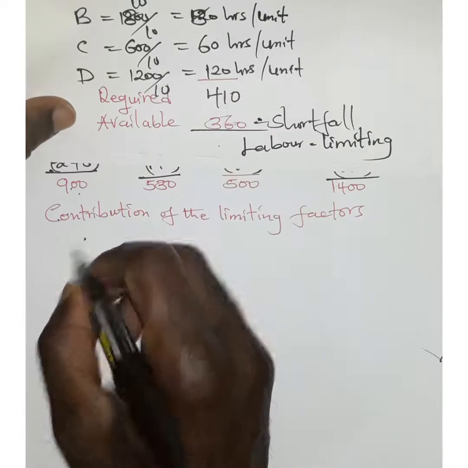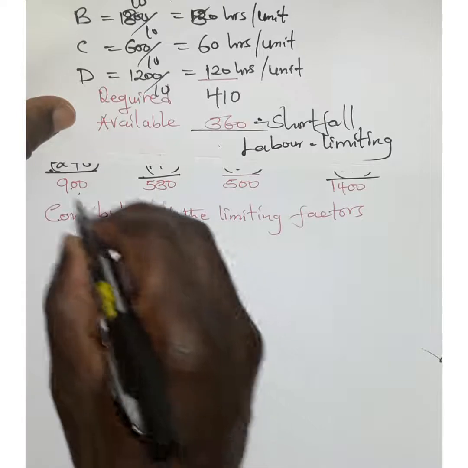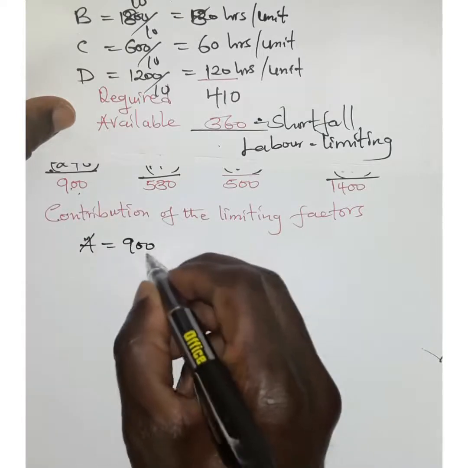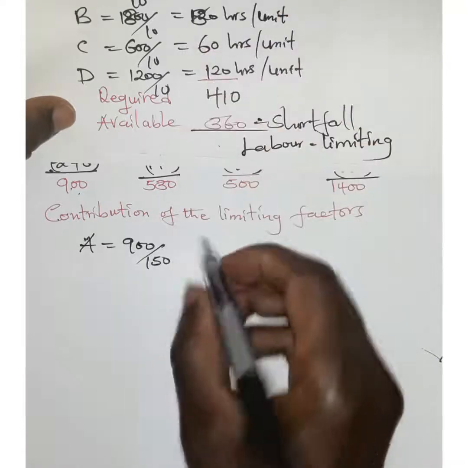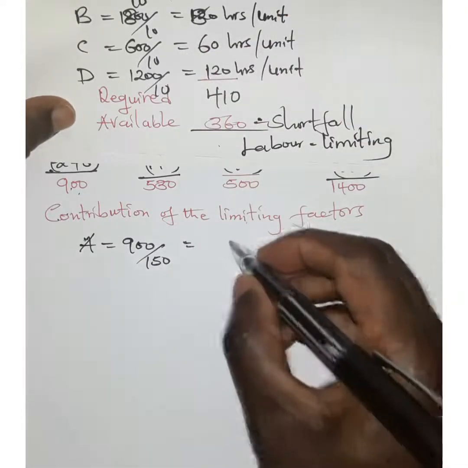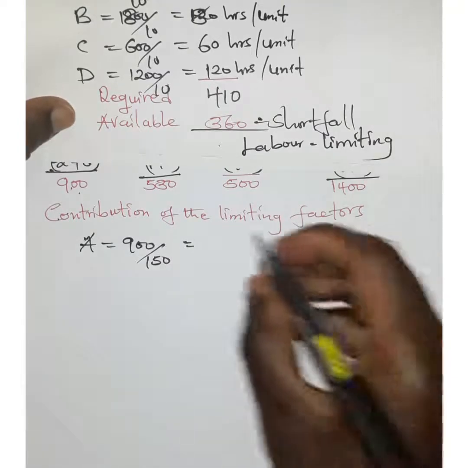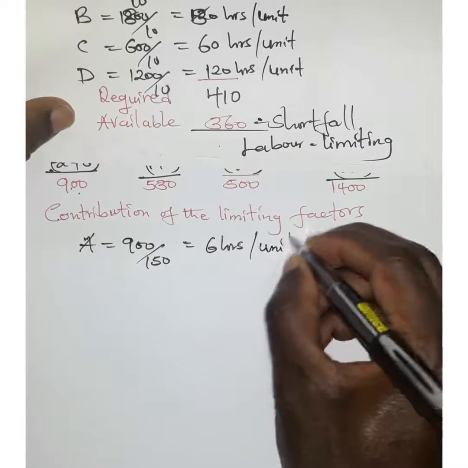So for each limiting factor, for example A, it will be this 900 contribution divided by 150. You get a value of 6 hours per unit.